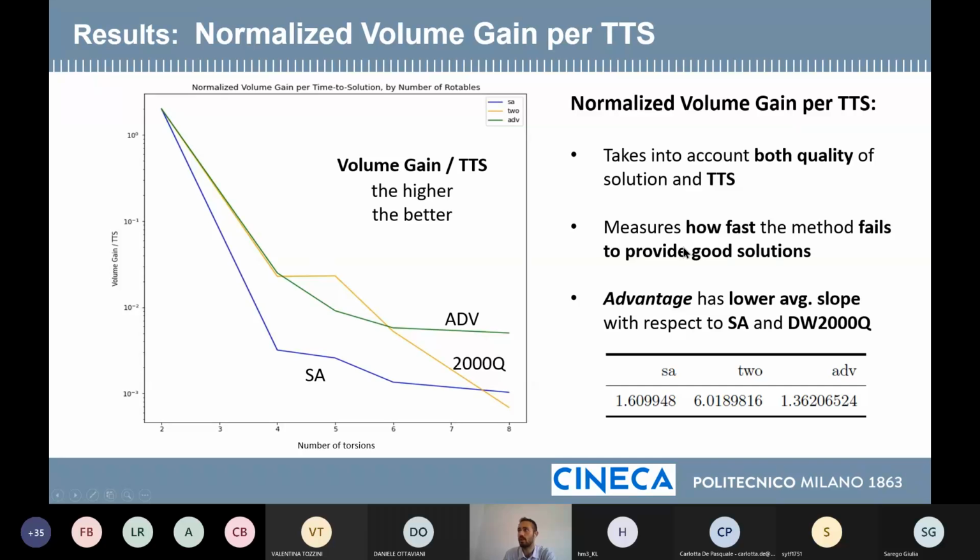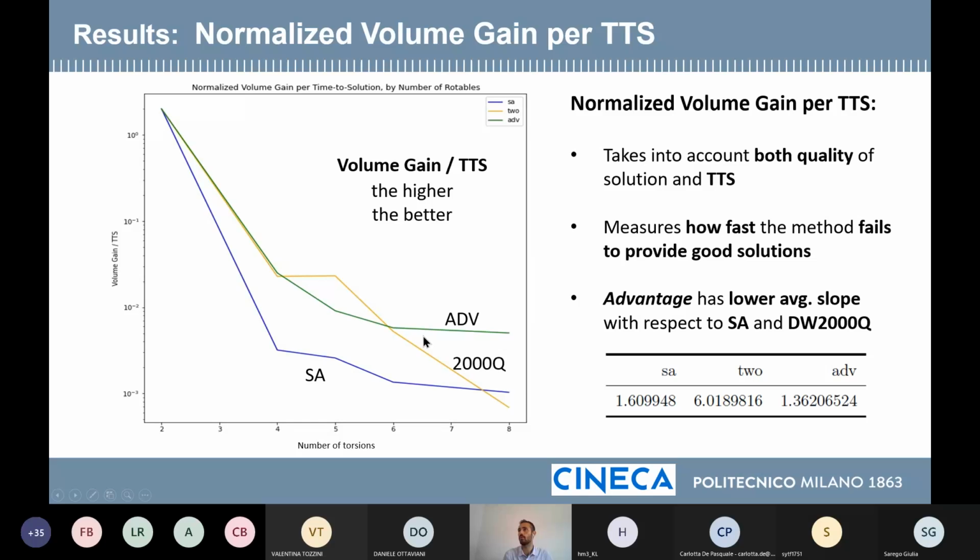One metric that we talked about is another possible metric that could be useful. It could maybe be a sign of what could be the advantage of the D-Wave devices.